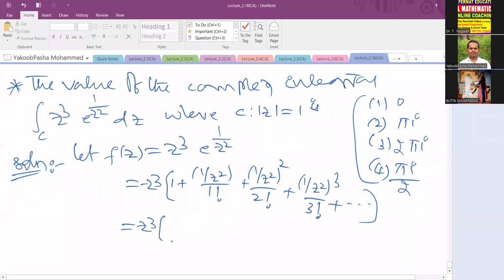That is nothing but z cube of 1 plus 1 by z square plus 1 by 2 z power 4 plus 1 by 6 z power 6 and so on.